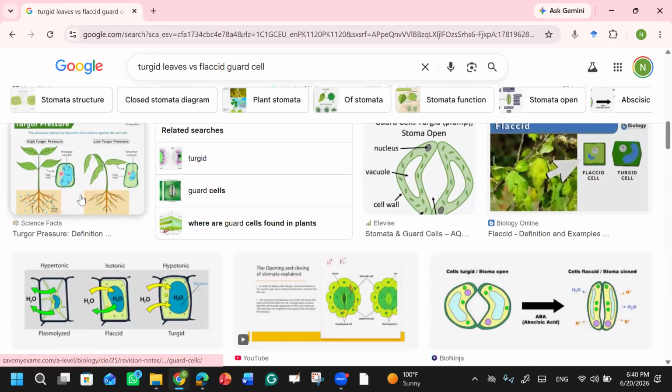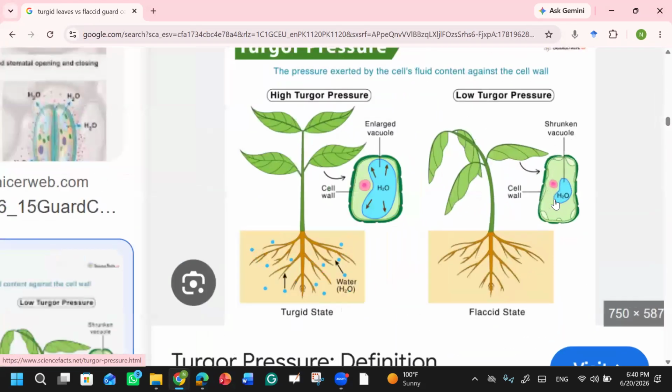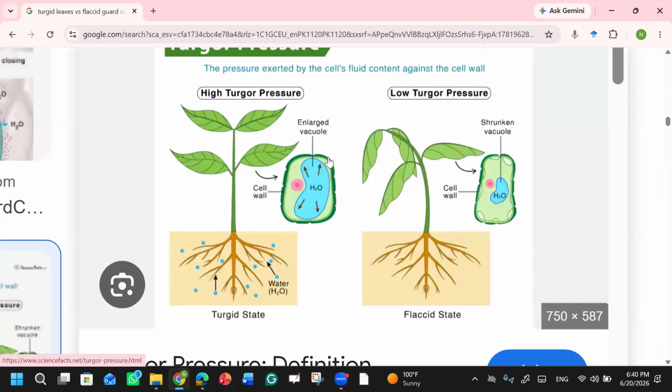You see this? The vacuole within the cell controls the amount of water. When there is more water, what will happen? The leaves will be erect like this. The left side image shows high turgor pressure. Turgor pressure means there is high pressure, and the leaves are erect.